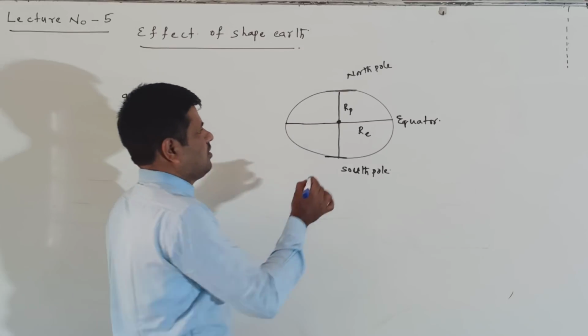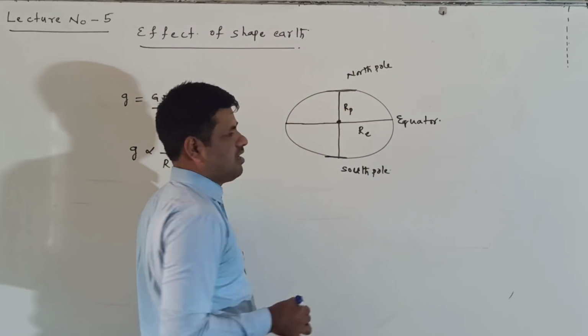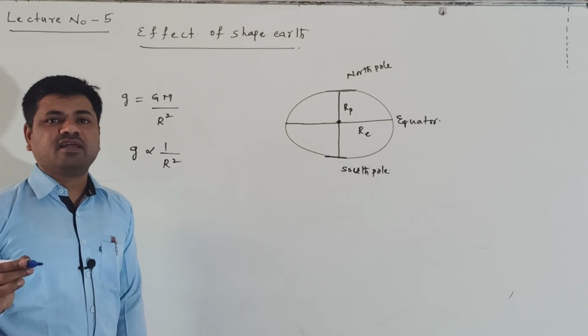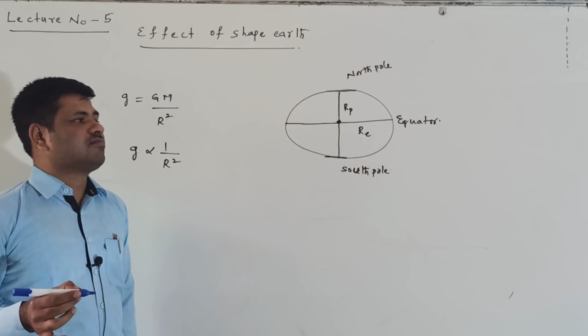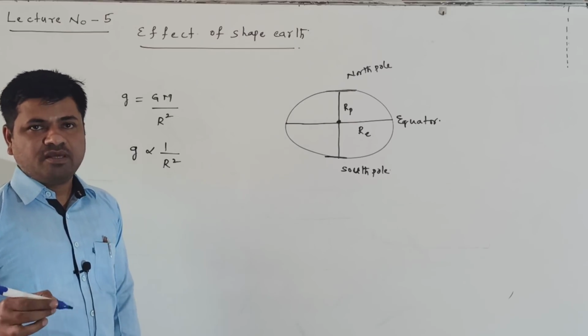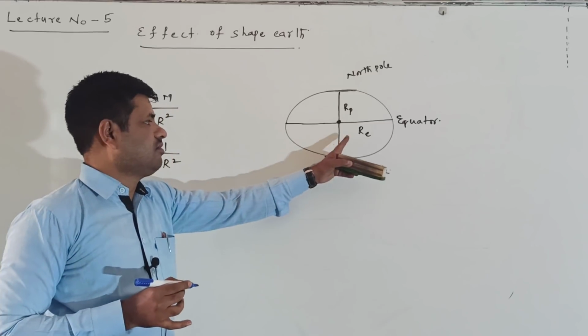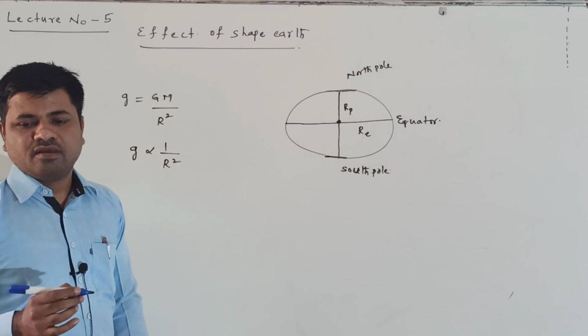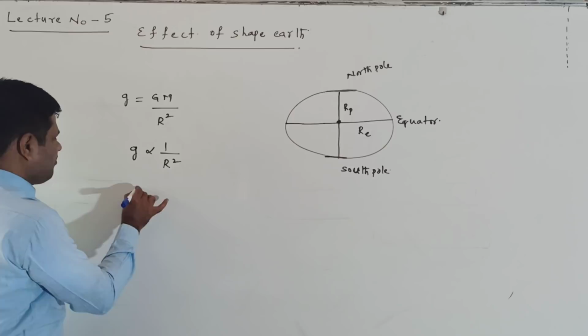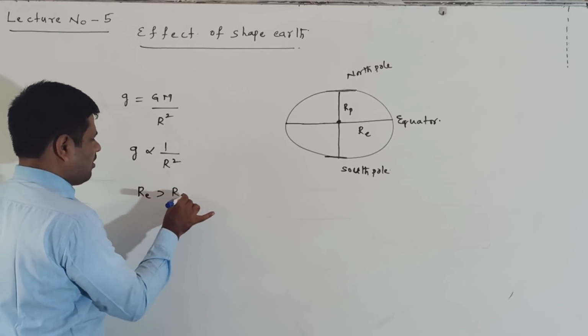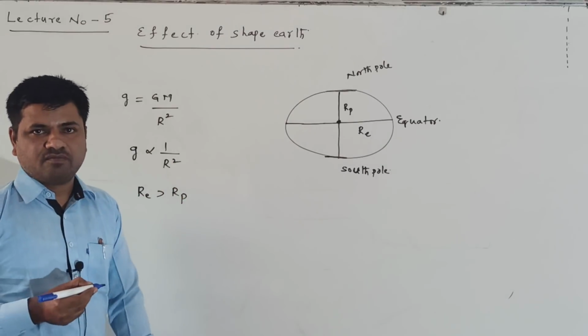See here, the radius RP is smaller than RE: the radius of the equator is larger than the radius of the pole. The center to the pole distance is RP and the center to the equator distance is RE. That's the reason we say RE greater than RP, from the diagram also.